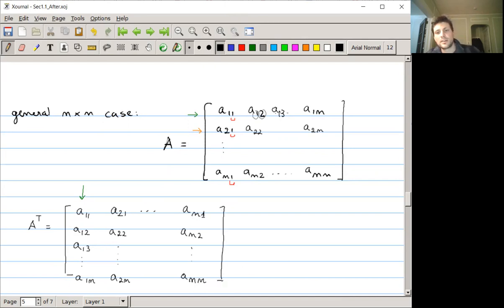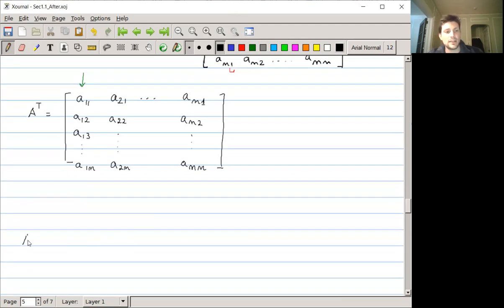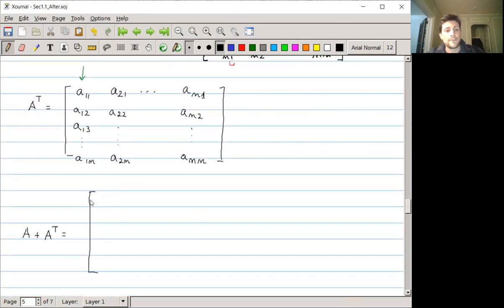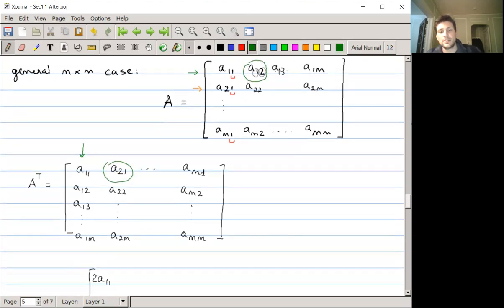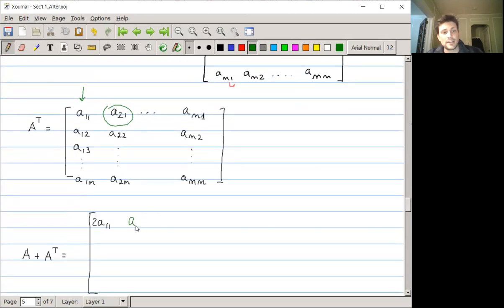Which means that now we can finally look at A plus A transpose. Well, let's look at the two matrices that we have above. The first entry, first row and first column, will gain A11 from both matrices. Then when we sum entries in the first row and second column, we will get A12 from A plus A21 from A transpose.